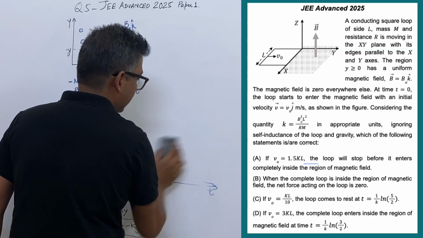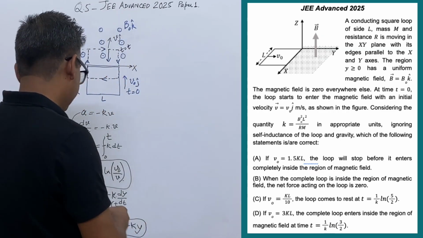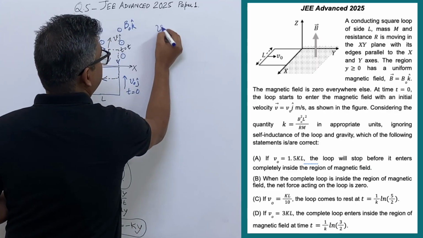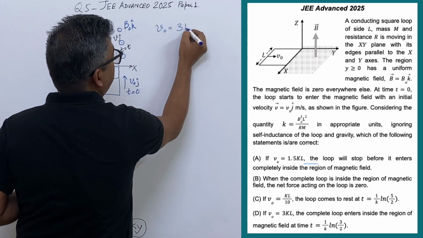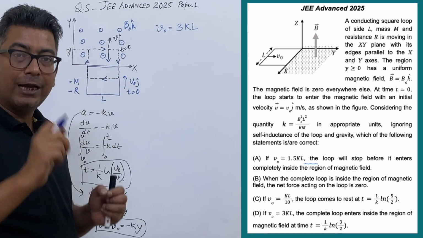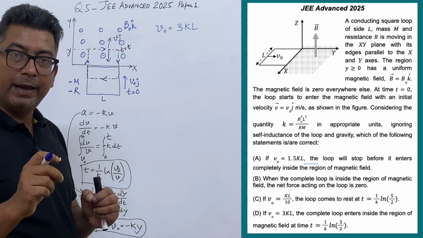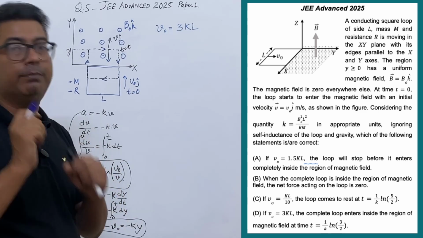Now let's verify the last option. What does the last option say? It says that if I am given a velocity of 3 times kl, that means the body enters completely inside the magnetic field exactly at some time.